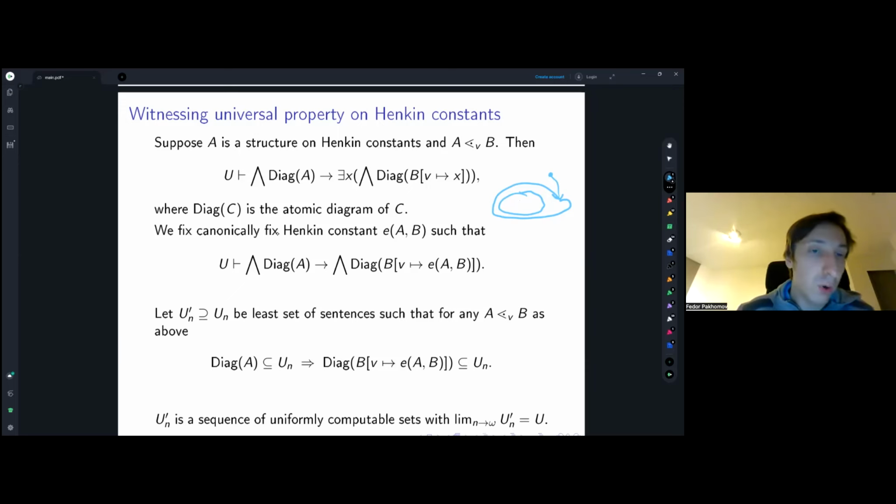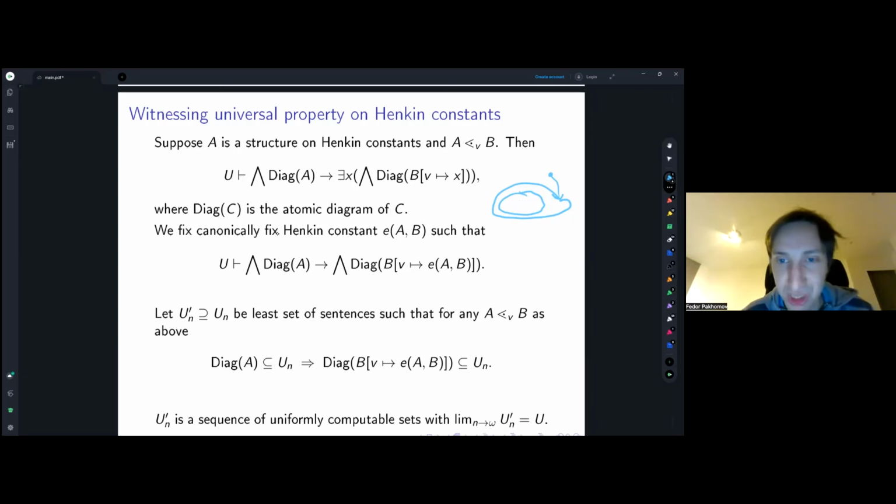But furthermore, instead of having this with an existential quantifier, we could do it with an appropriate Henkin constant, because it's simply an existential sentence, and it corresponds to a certain Henkin constant.